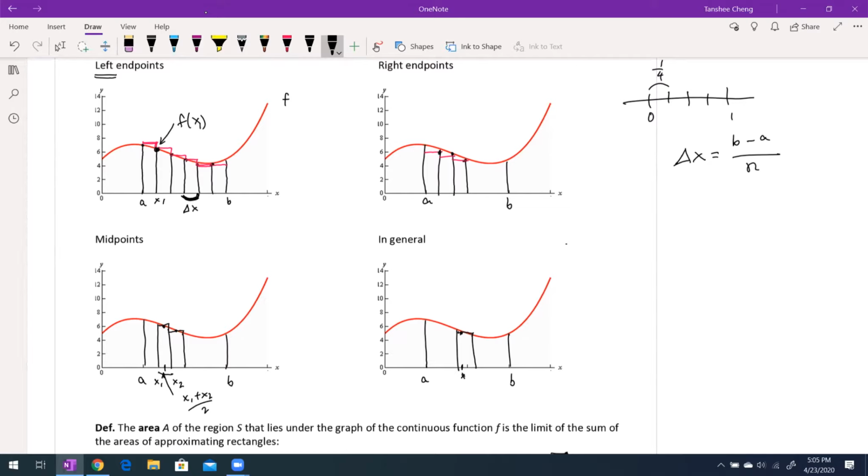That height is used to approximate the height of this rectangle. So when you multiply the width and the height of the rectangle, this gives you the area. Are we all okay with this? Any questions?